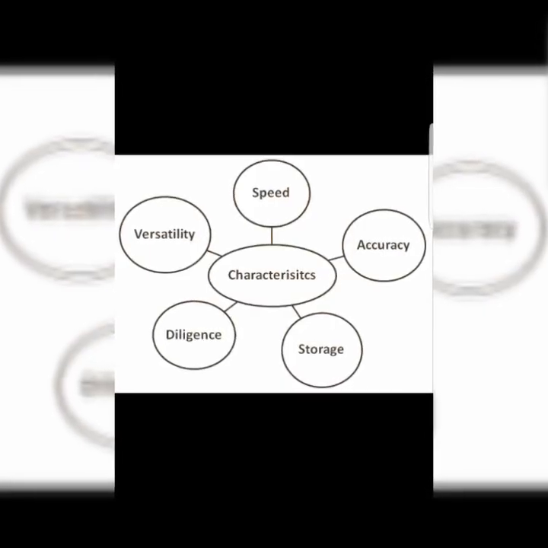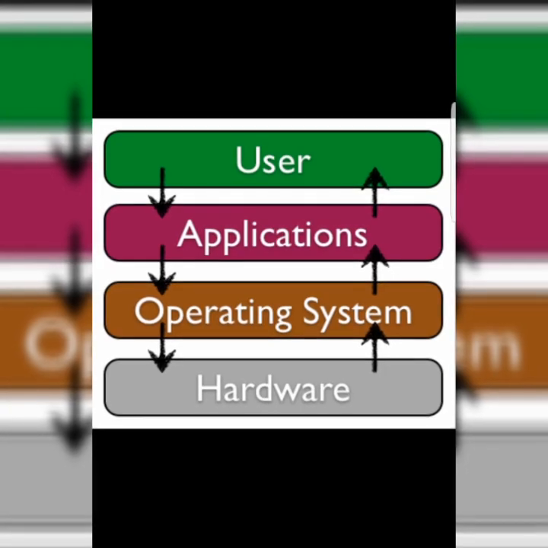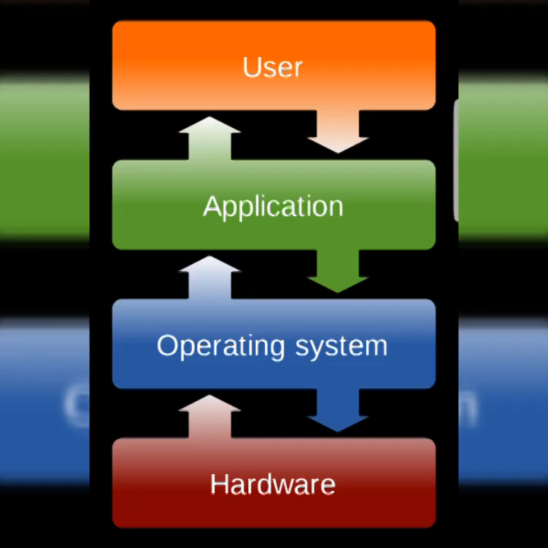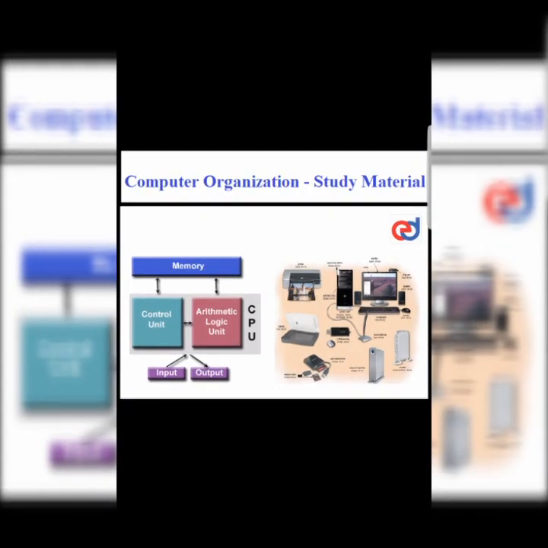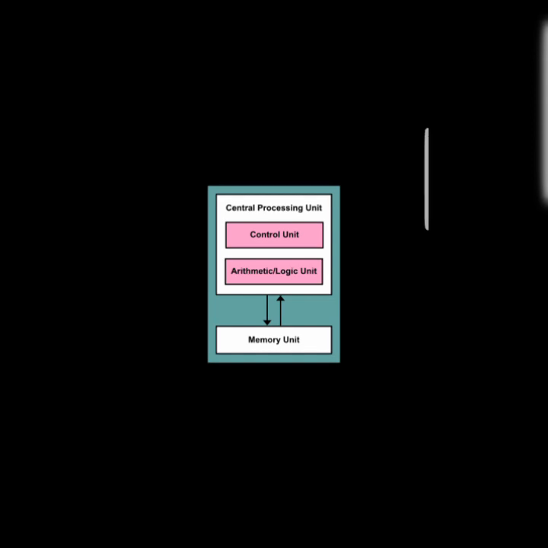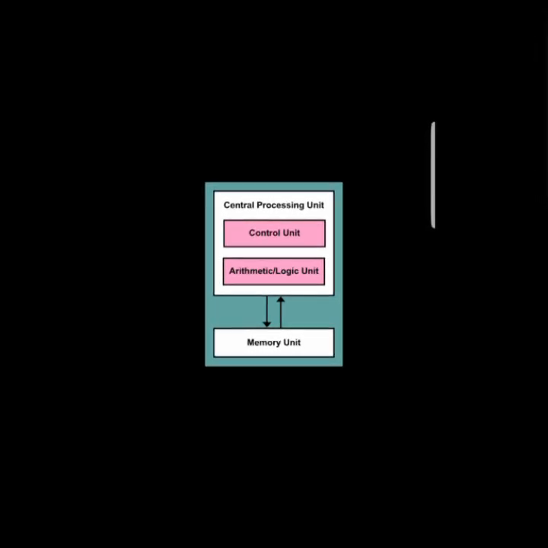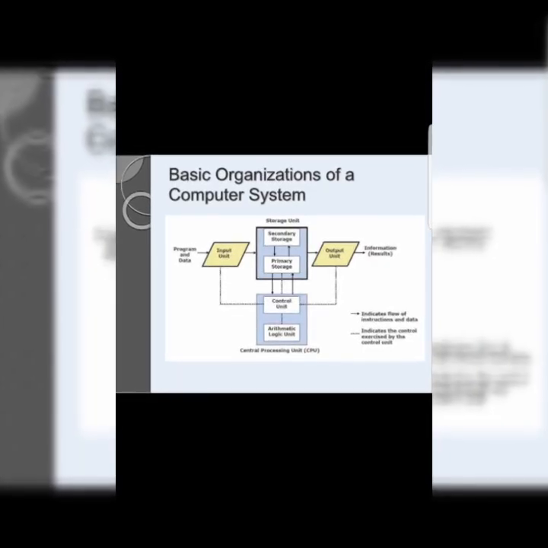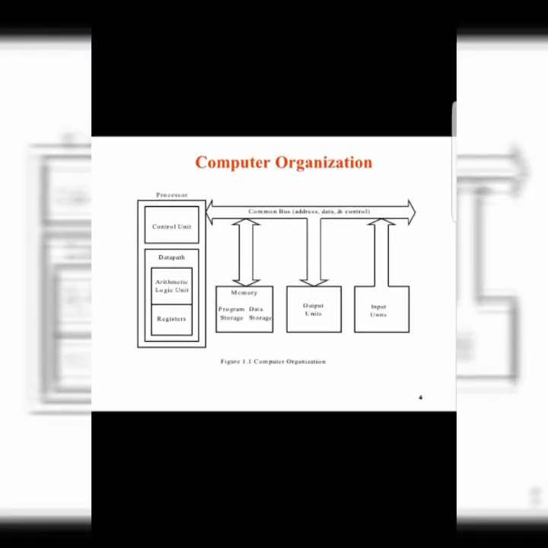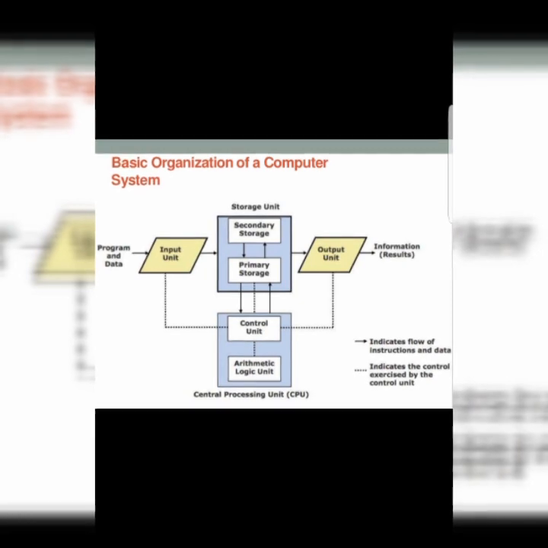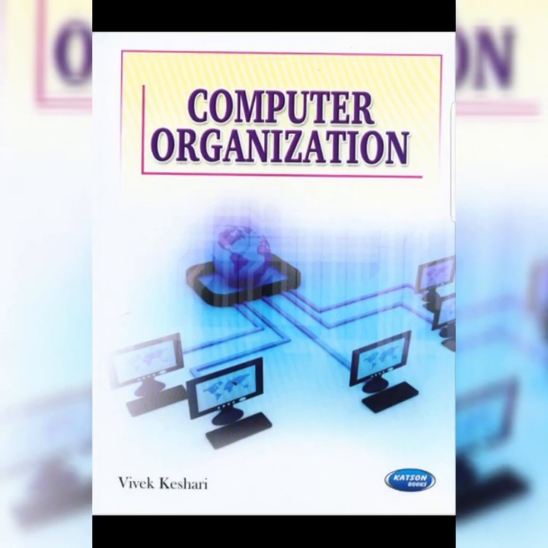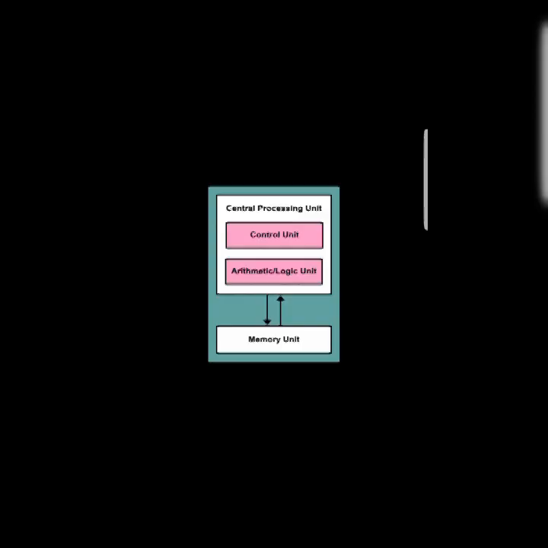Then we have accuracy. The machine performs varied jobs with high speed, but it also does the jobs with high precision and accuracy. Whenever there is some problem in our result, it might be due to human error.